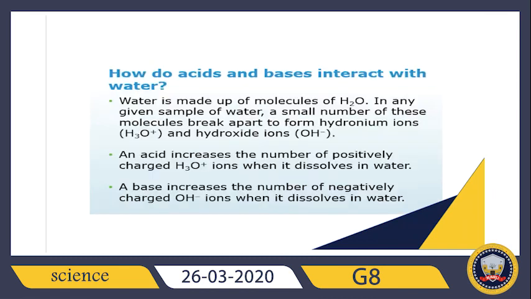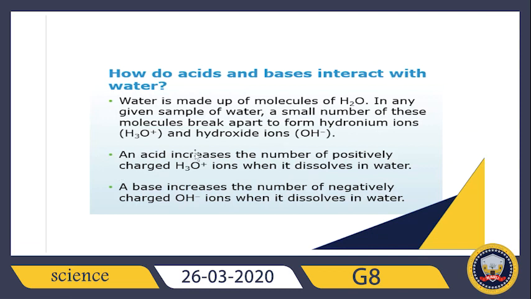So how do acids and bases interact with water? If you add, for example, lemon juice to a cup of water, what reaction will take place here? As we know, water is made up of molecules that have the formula H2O, so we have 2 hydrogen atoms and 1 oxygen atom.